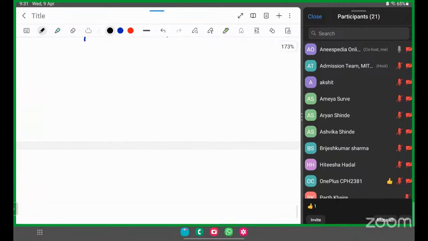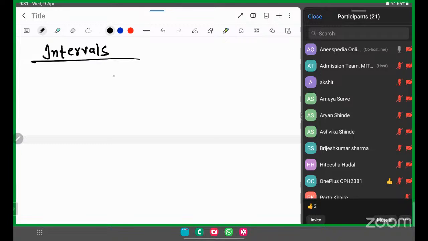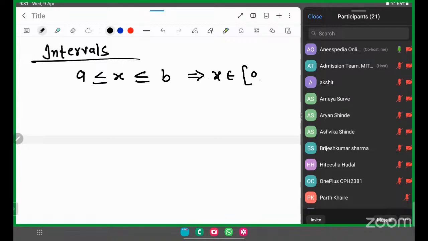Next is intervals. If we have x such that x is in between a to b, including endpoints a and b, we write it as x belongs to the interval a comma b with square brackets. Square brackets here indicate that point a and point b are also included.